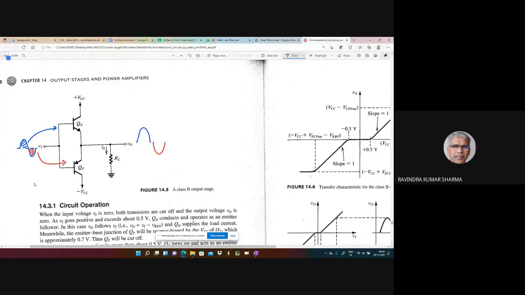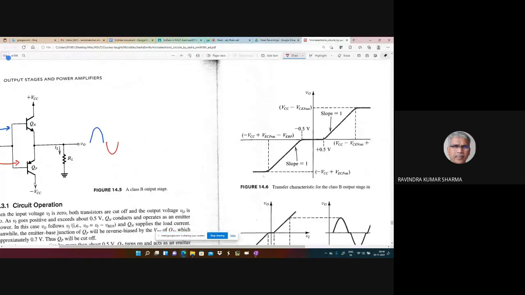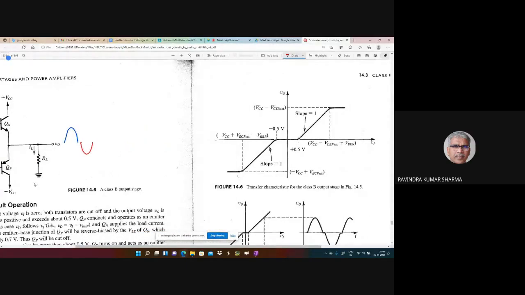And if you look at the transfer characteristic, there is a dead band. यहाँ पर एक dead band दिख रहा है. इस डेड बैंड की वजह से कायदे से ट्रांसफर कैरेक्टरिस्टिक कैसी होनी चाहिए थी? It should have been passing through this origin. और अगर ऐसा होता तो जो इनपुट साइन वेव है वो पूरी की पूरी आउटपुट पे मिलती.